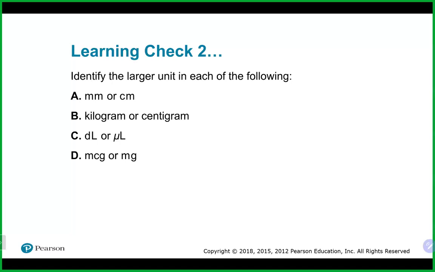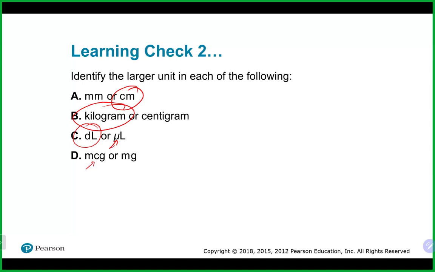All right, so let's identify which unit is larger, millimeters or centimeters. Centimeters is larger, right? There are 10 millimeters in a centimeter, on the bottom part of a ruler, typically. Kilograms, centigrams: kilo, right? Deciliters, microliters: deciliters. Here they use microliters, but microliters are milligrams.